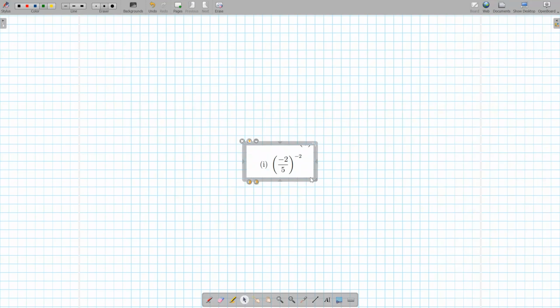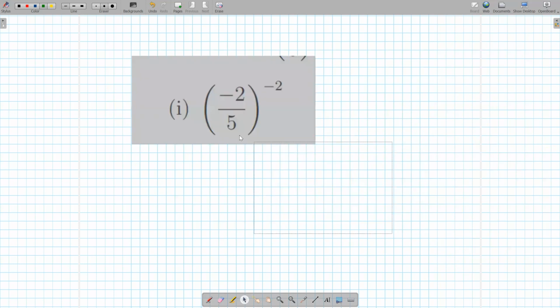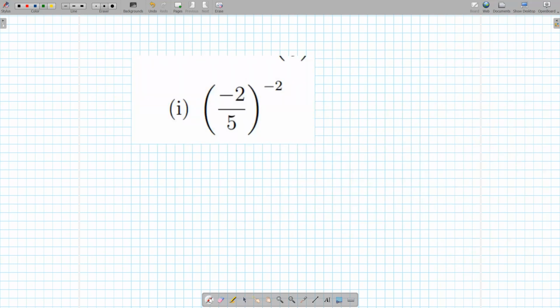Okay, this one. What do we do? First step, we have a negative exponent. You put it under 1. All right, good. So what's 2/5 squared? 4/25.